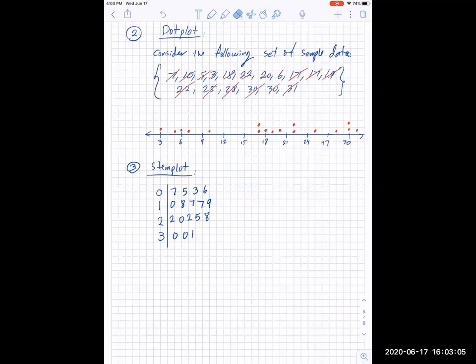And that's the stem plot for our data set. Let me count: I think we have 17 values, right? Yes.